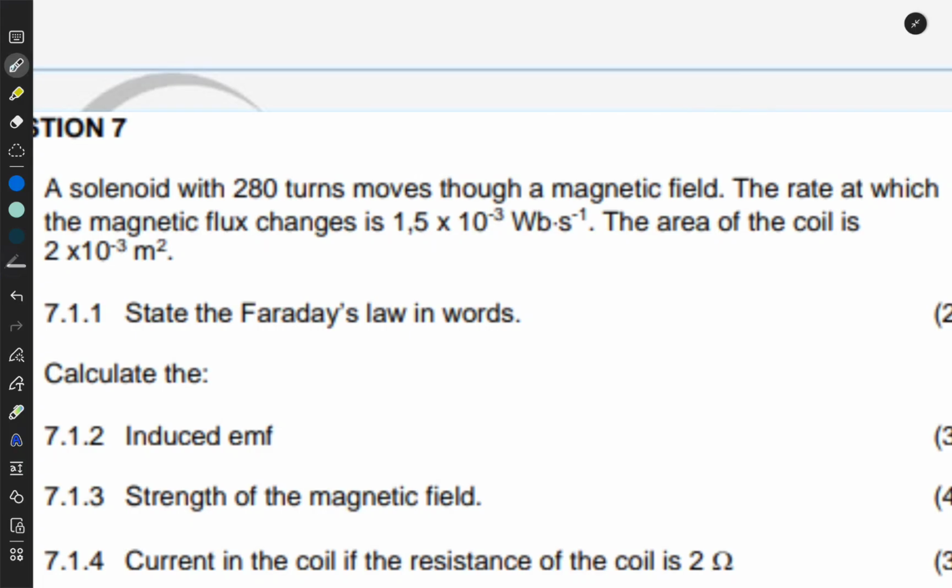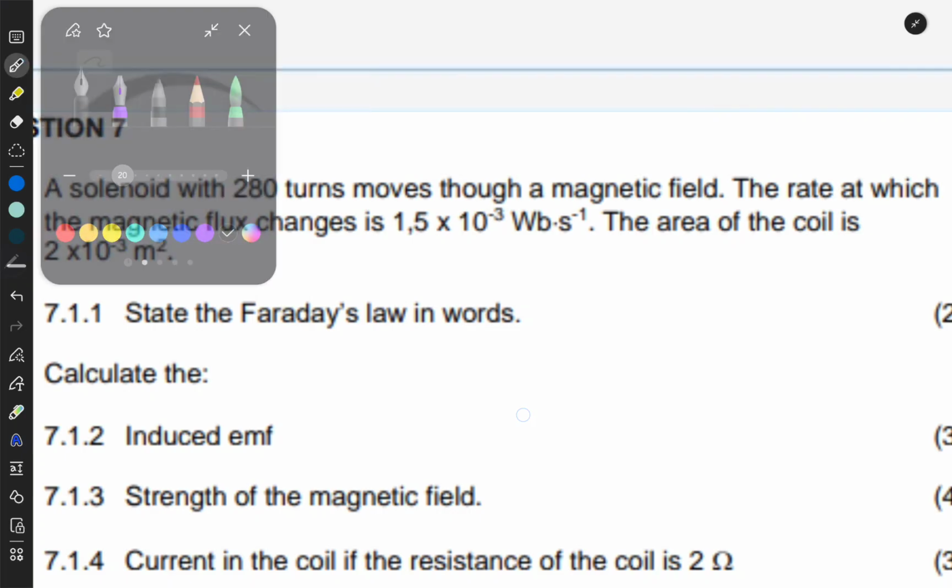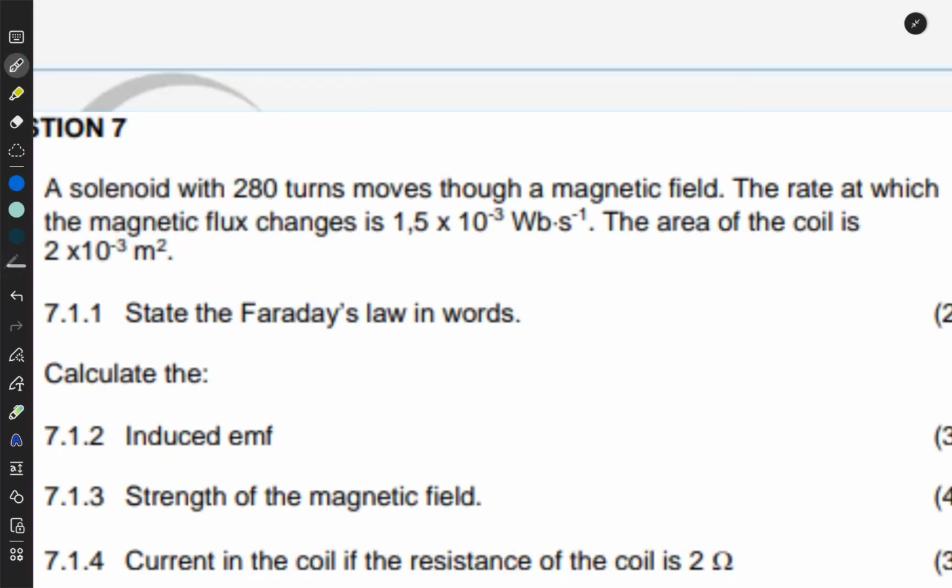So let's stop there for a second. If we think about it, remember 280 turns means those rings. If you have a spring, if you were to count all those rings, or how many times it completes a circle, that's the ring, you would get 280 rings, right? That's another way to think about it.